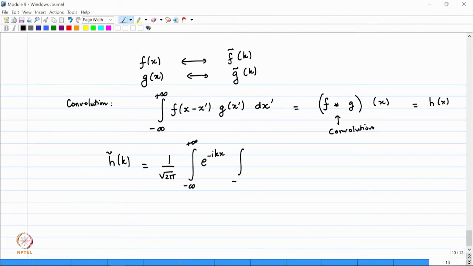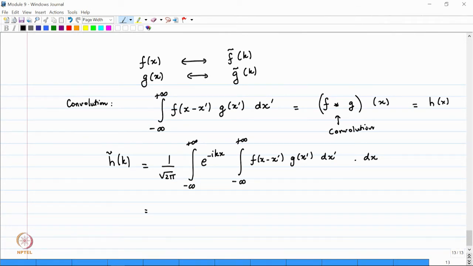So, I will have integral minus infinity to plus infinity f of x minus x prime g of x prime dx prime, and I have this whole thing integrated over dx. Okay, so now this is my Fourier transform of the convolution. Now what you can do is you can write this. So, you have integral over two variables. Okay, so x prime is an independent variable.